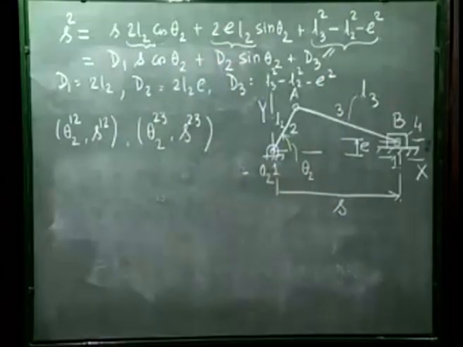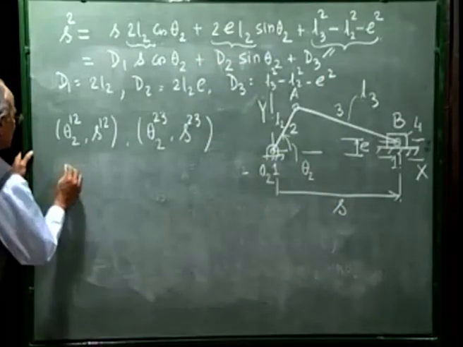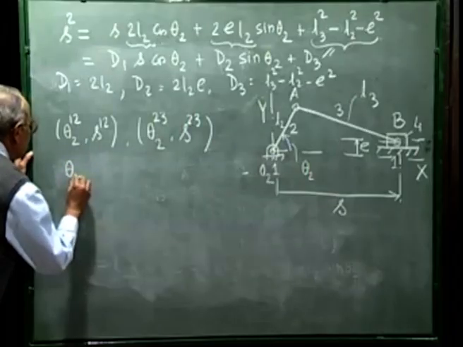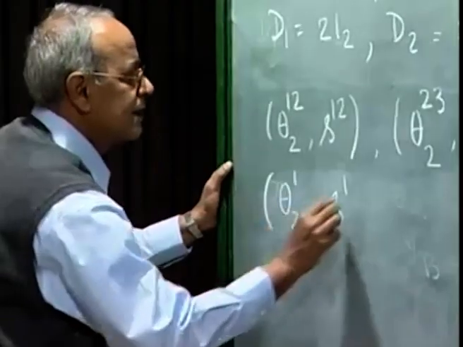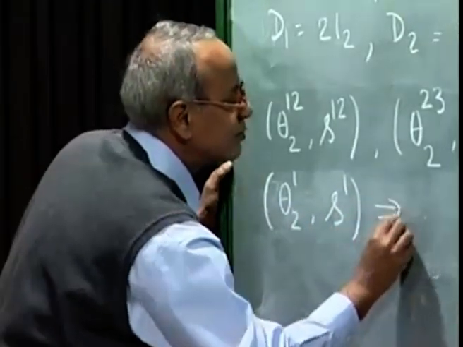For 3 position synthesis, we assume the values of theta 2 and S corresponding to the first accuracy position. So, these are assumed.